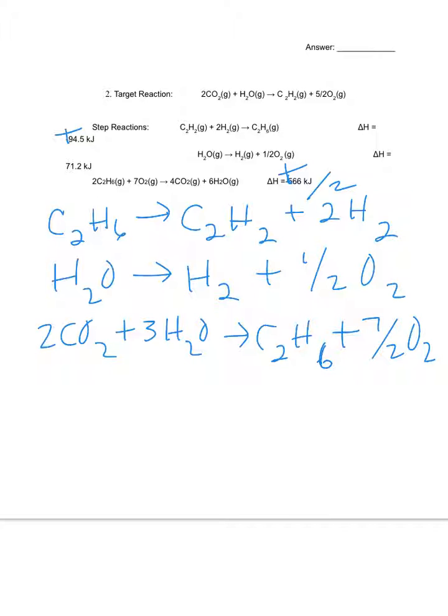So if we get ready to combine our reactions, there's a couple things we're going to notice. Now our middle reaction doesn't work because we need this water to only have 1 mole on the left-hand side.